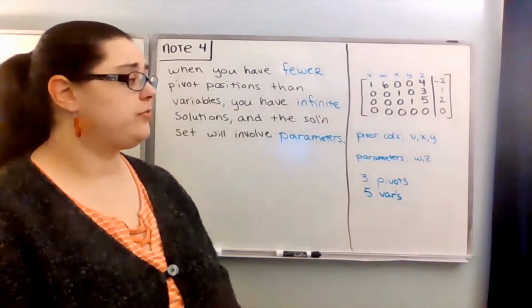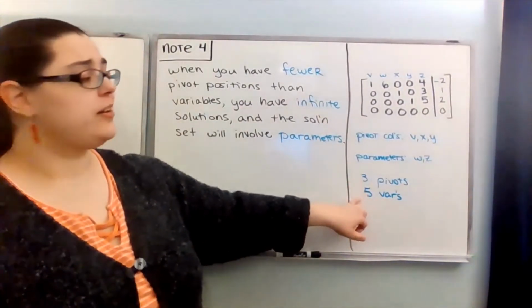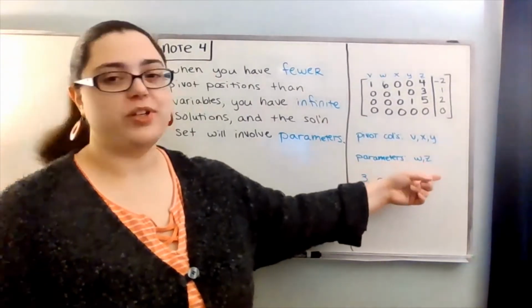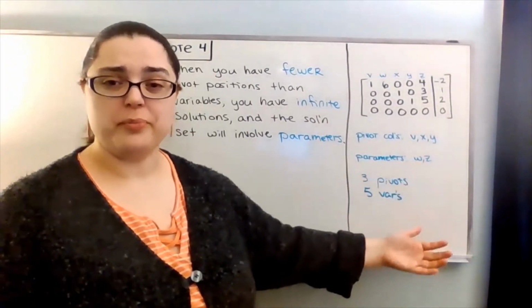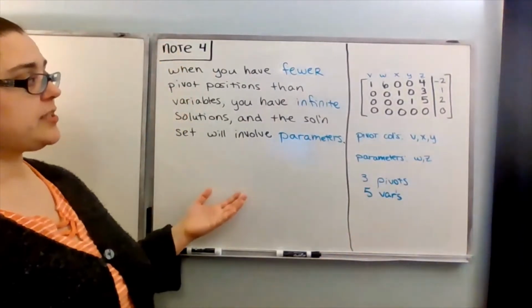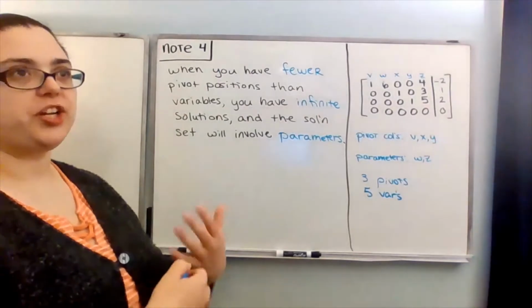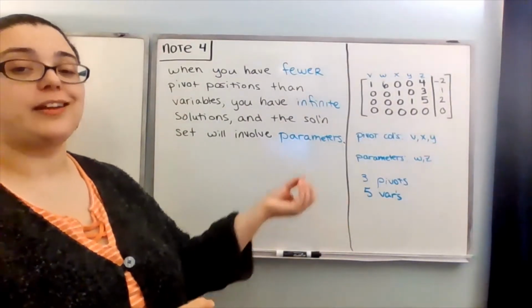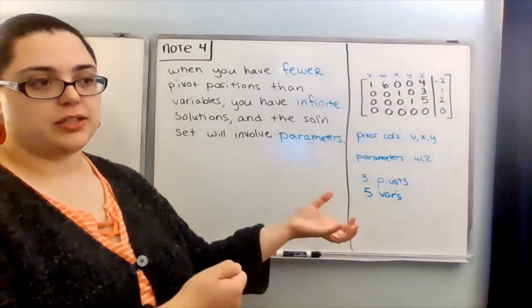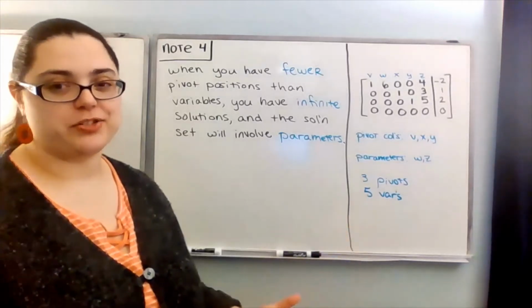And sure enough, we had fewer pivot positions than we had variables, which meant there were some variables we couldn't define as a specific number. And that's how we ended up getting our parameters. So that's all this note is saying. When you have fewer pivot positions than you have variables, you're going to have variables left over that weren't defined. They're going to become the parameters, and you're going to end up with infinitely many solutions that way.